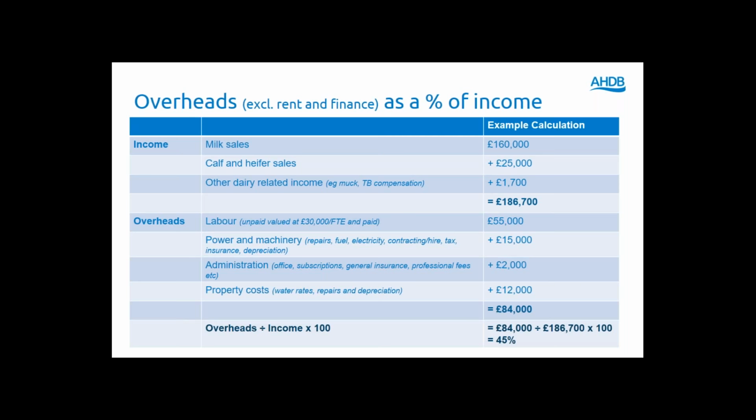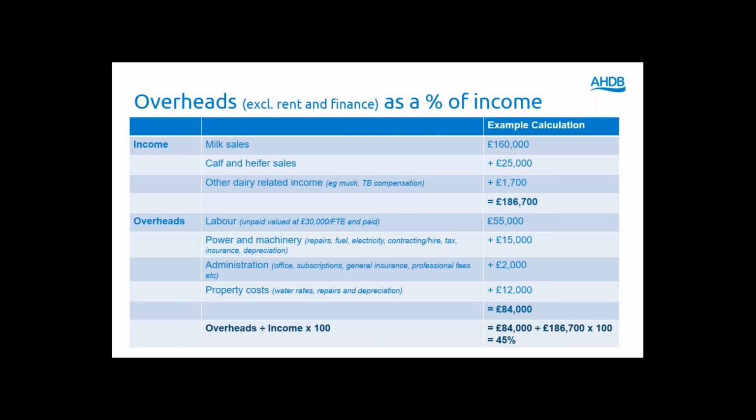Mark, can I just ask about the overheads? Would it be true that the lower performers are the ones that have got higher costs in the power and machinery element, or is it spread across elements of overheads? So what we've seen, and actually we'll be putting this in the evidence report, is that the labour is the biggest cost, and they'll tend to have more unpaid family labour in the bottom 25%.